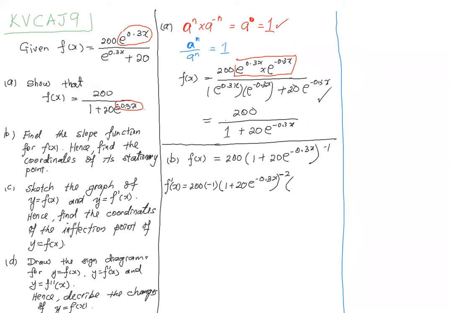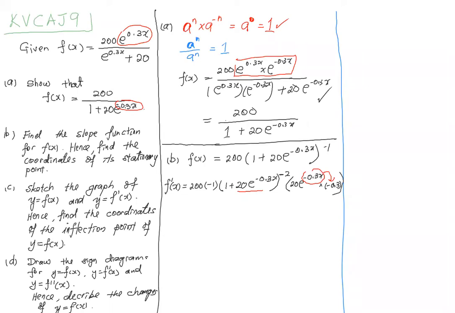Times by the derivative of this one. That is here. So if you see any exponential term, what you do? You also follow. Copy down the whole thing. Then you multiply by the derivative of the power, that is negative 0.3.